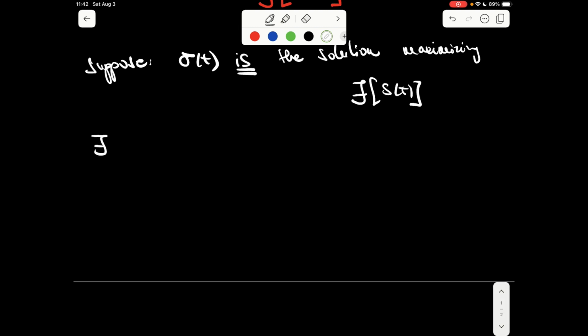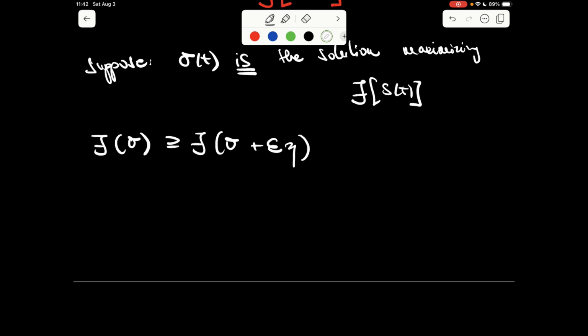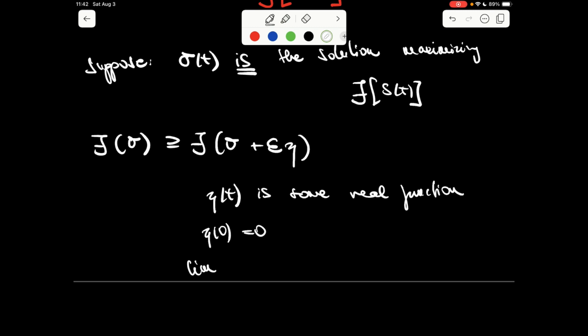It means that if we put this solution into the functional, then this cannot be lower than its value at any other possible solution, where mu(t) is some real function with 0 at the close end, where t is 0, and 0 at the far end, where t goes to infinity.